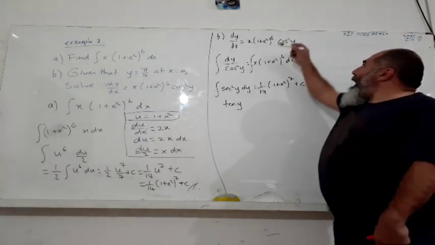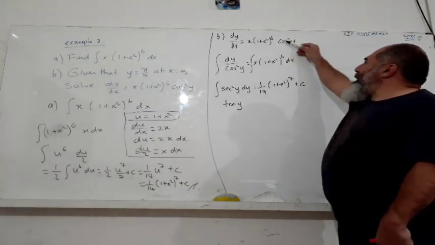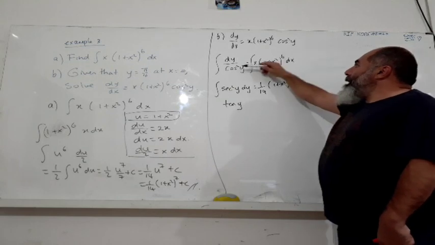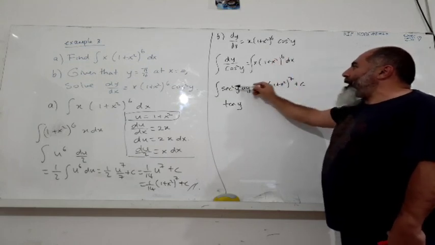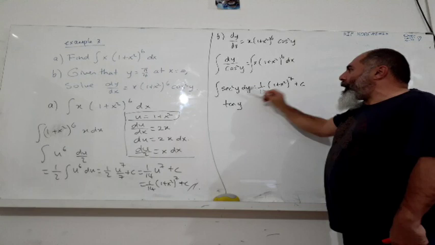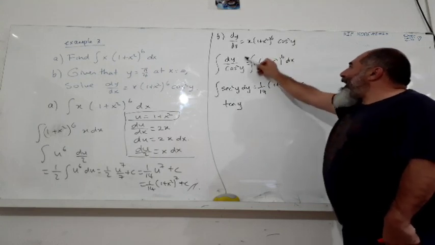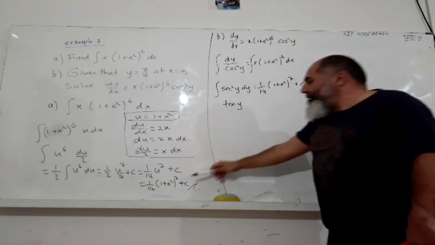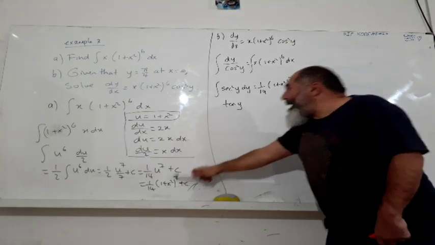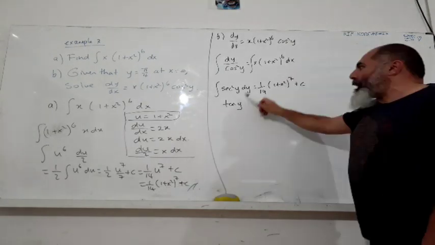In terms of 1 over cosine squared, I wrote down sec squared y, and we have the answer of that one in part A. I wrote down the answer, and we know the integration of sec squared is tan y, which is equal to 1 over 14 times (1 plus x squared) to the power of 7 plus c.